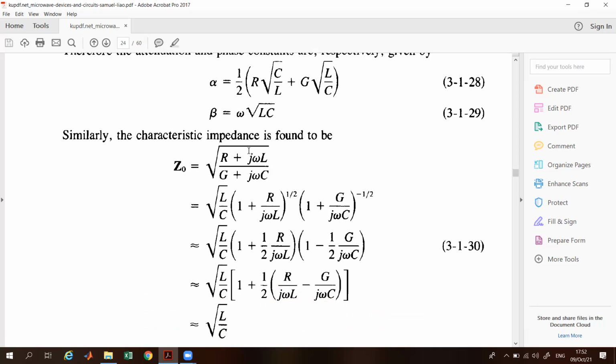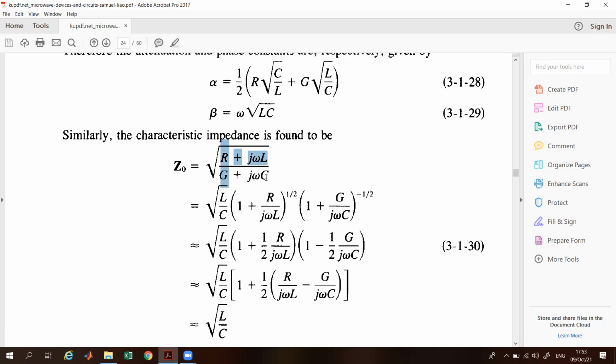Now similarly, if we want to find the characteristic impedance, or sometimes we call it line impedance also, then Z naught is equal to this. Applying the same condition there, it will be 1 plus this part, 1 after taking j omega L common and writing it here.